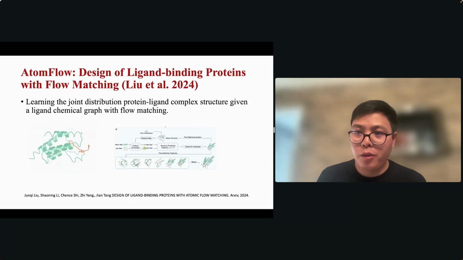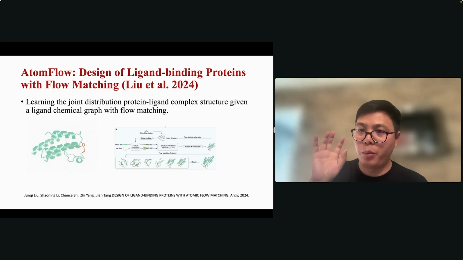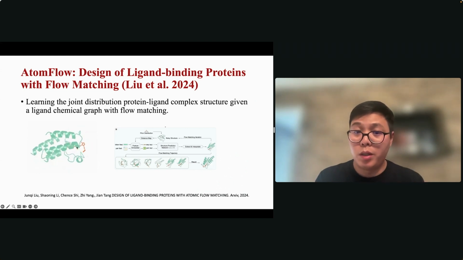And then finally, for the diffusion models, this is a very latest work we did. We just put it on arXiv. For this problem, given a small molecule, we want to design a protein binding to this small molecule. So here we propose a model based on the flow matching framework to model the joint distribution of the protein ligand complex.